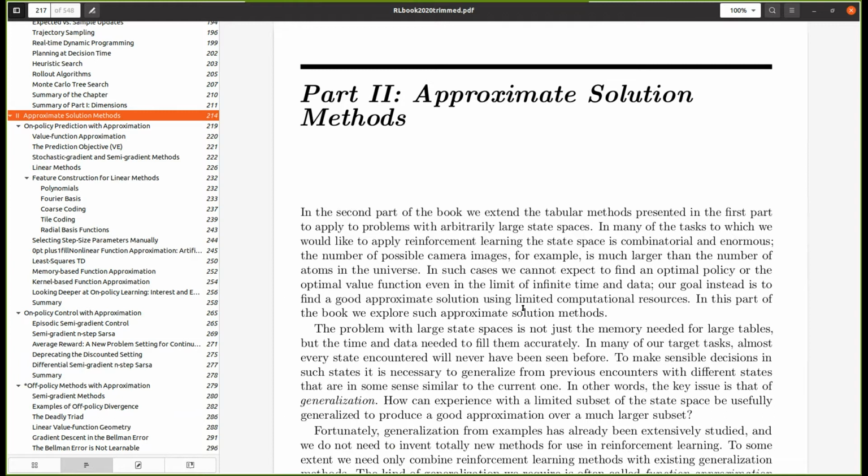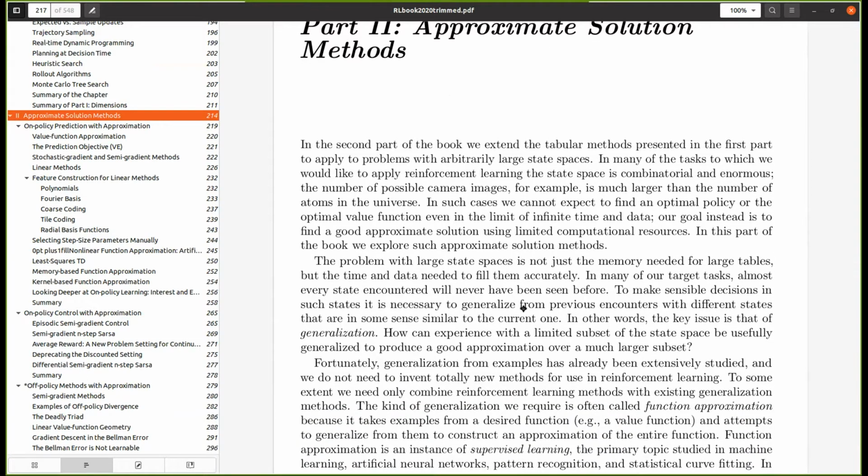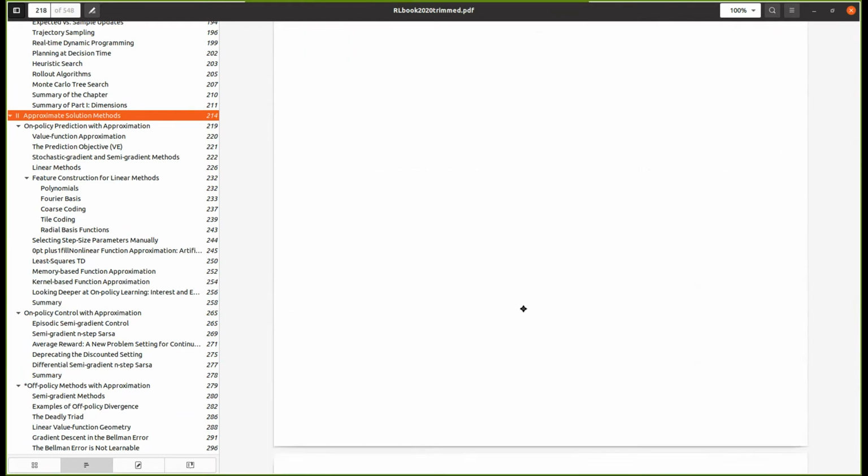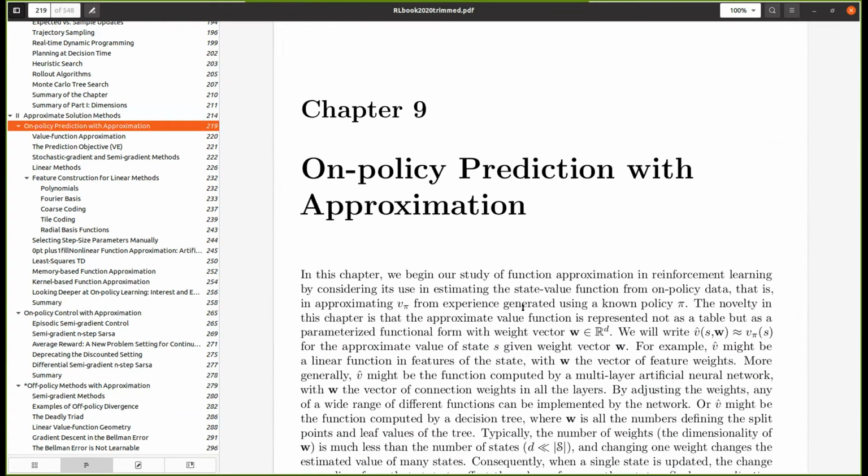But for almost any practical problem, we cannot have all states assigned a separate memory location as we do in tabular methods.